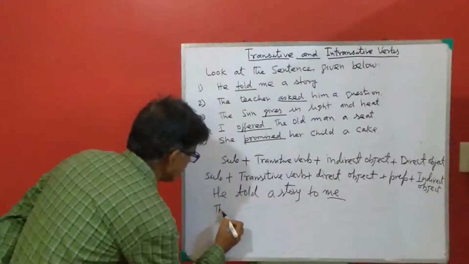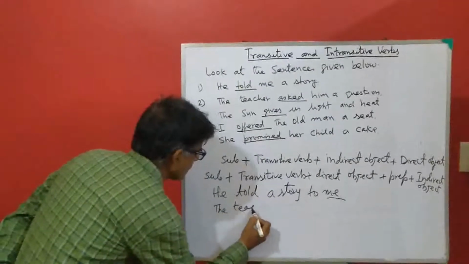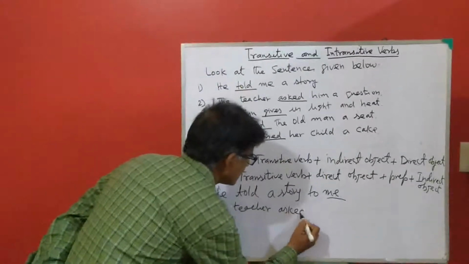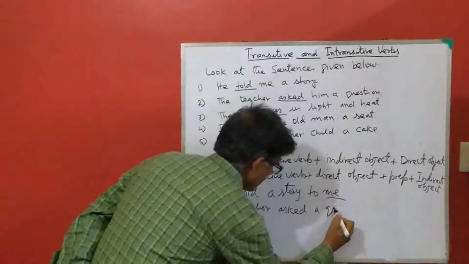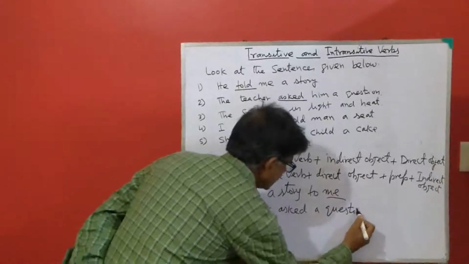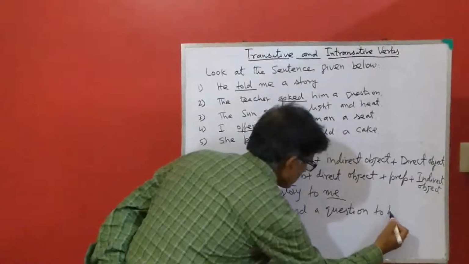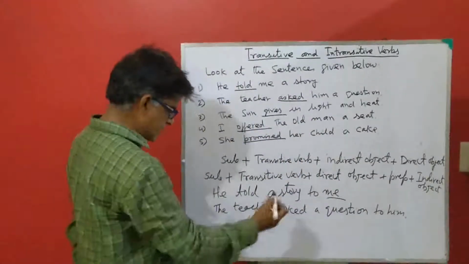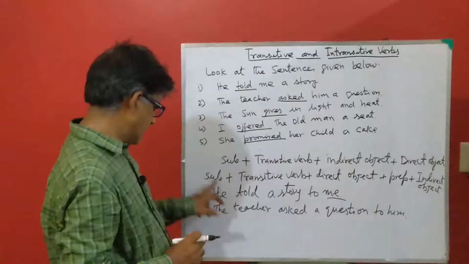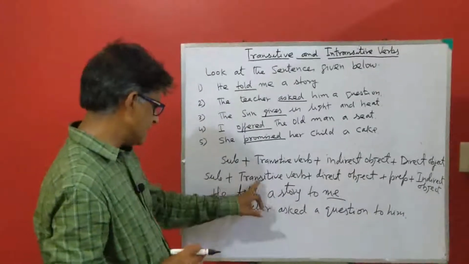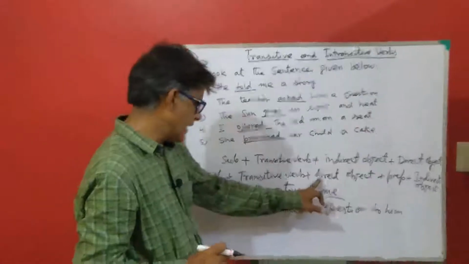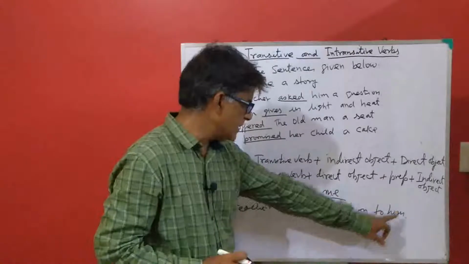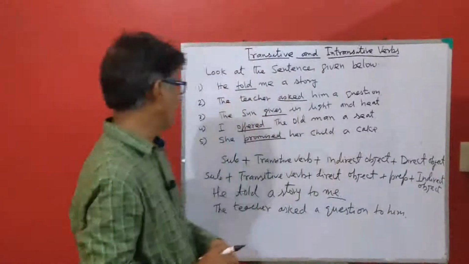The teacher asked a question to him. So the teacher is subject, asked transitive verb, direct object a question, preposition to, indirect object him.